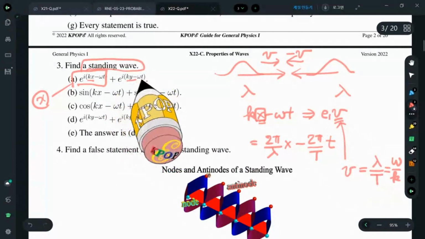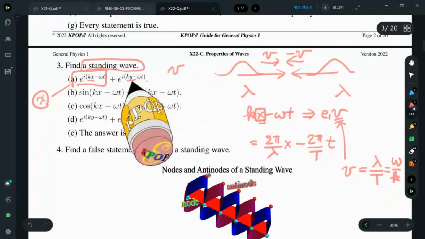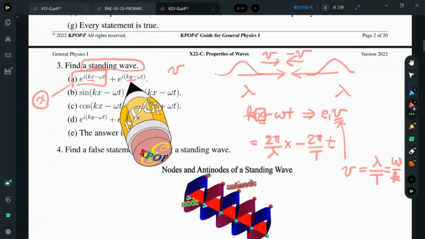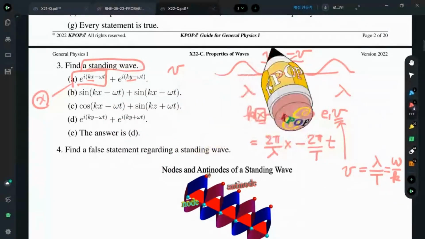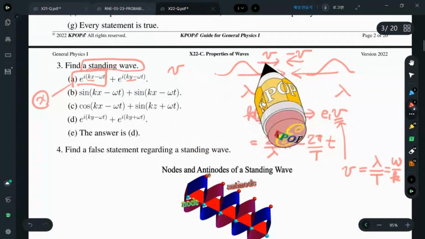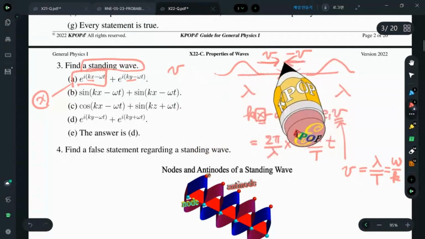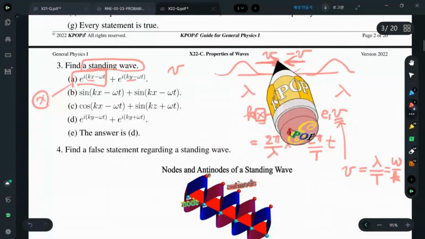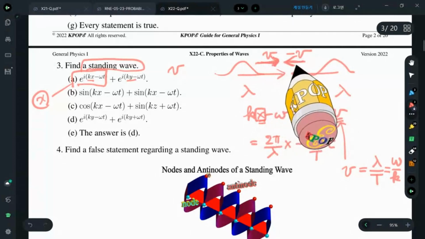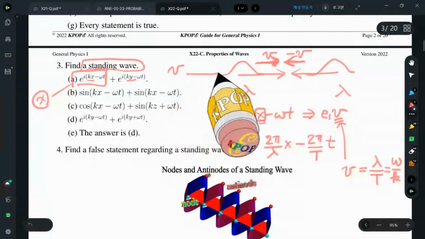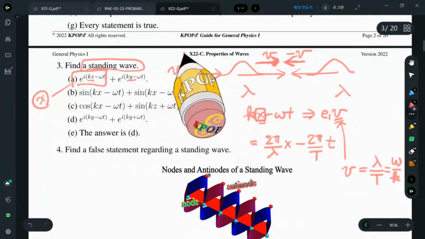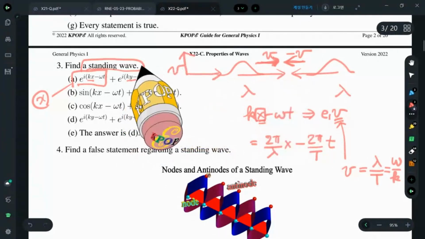This one also propagates with v. However, the direction is along the y-axis. To make a standing wave, we need the two waves to move in opposite directions. This one is along the x-axis and this one is moving along the y-axis, so it's not.